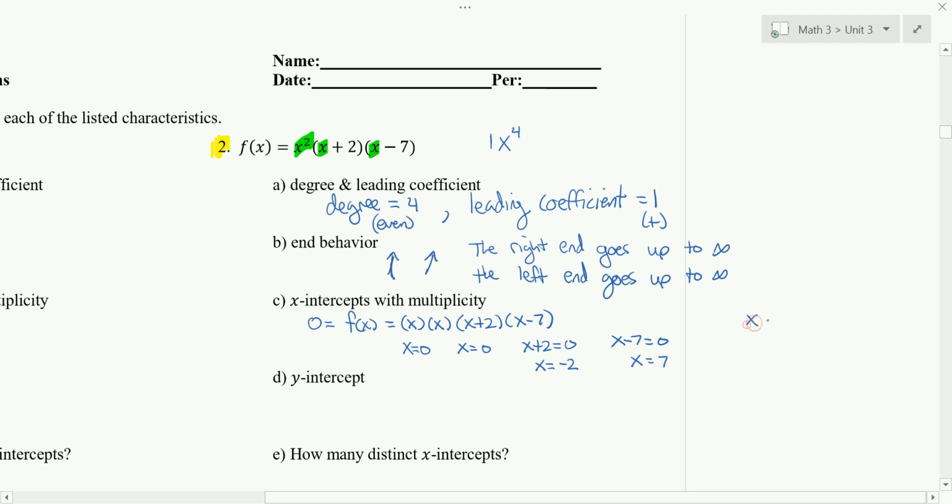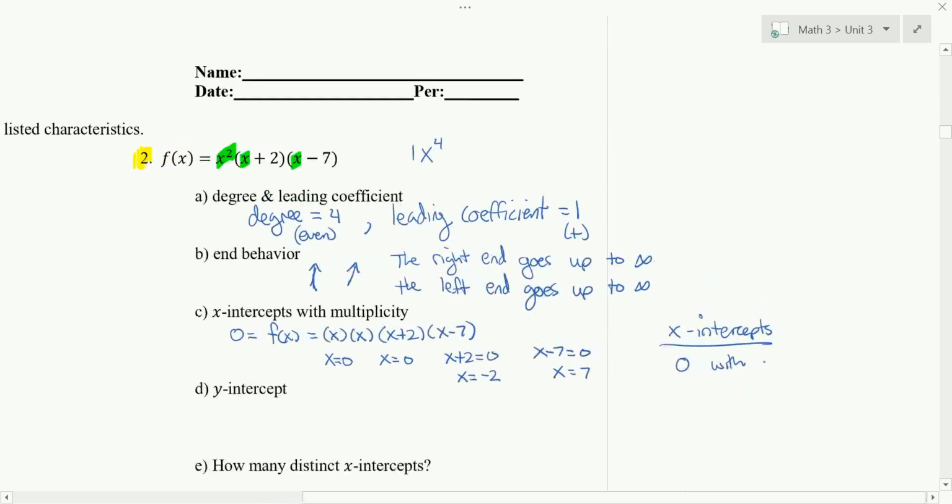So our x-intercepts are 0 with multiplicity of 2, which means we have 2 zeros. That's just a fancy way of saying we have got 2 zeros. We got a negative 2 with a multiplicity of 1, because there's only one of them. And we have 7, and there's only one 7, so we say that has a multiplicity of 1.